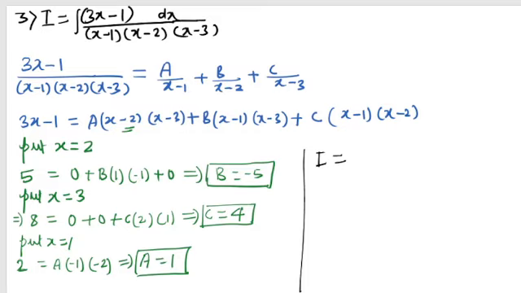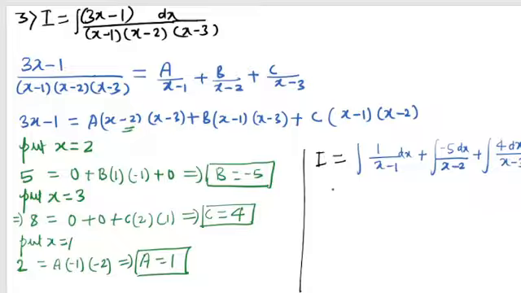I is equal to integration of a, means 1 upon x minus 1 into dx, plus, separately I am taking the integrations, b means minus 5 into dx divided by x minus 2, plus integration of c, means 4 into dx divided by x minus 3, right?